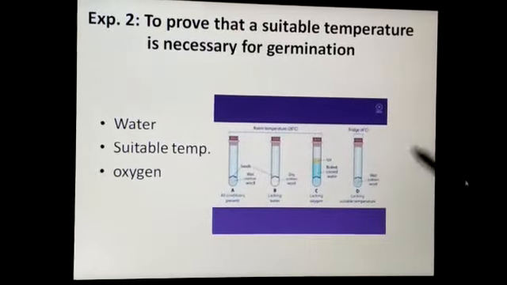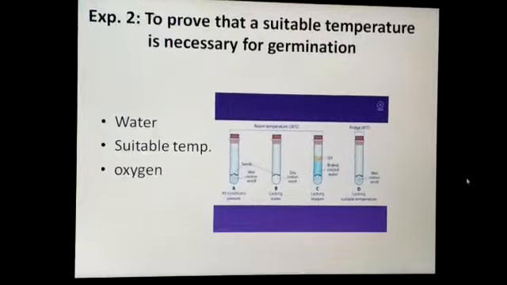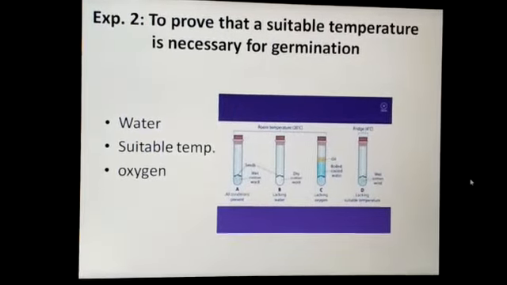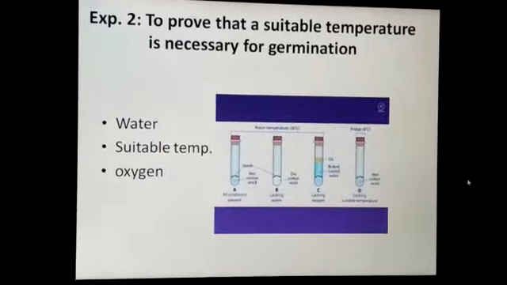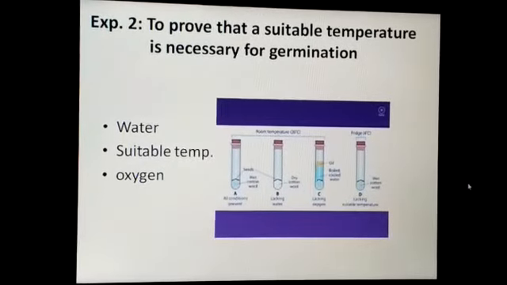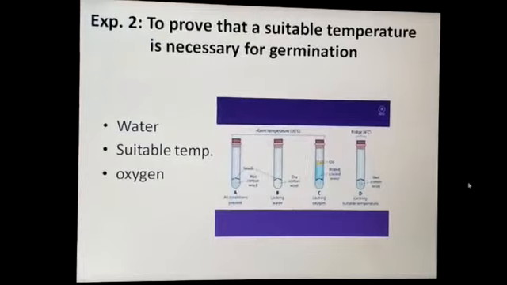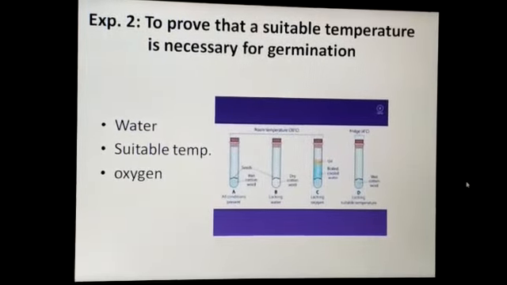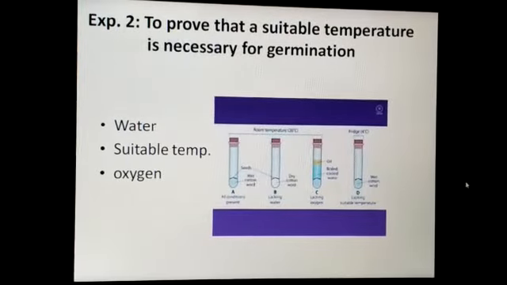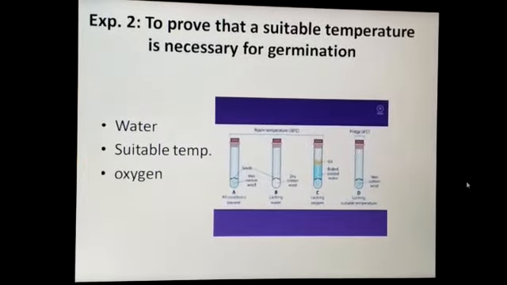Again, these 2 test tubes are placed for 2 days without disturbance. After 2 days, observation is done and it is seen that the seeds inside test tube A have started germinating, whereas seeds inside test tube D did not show germination.